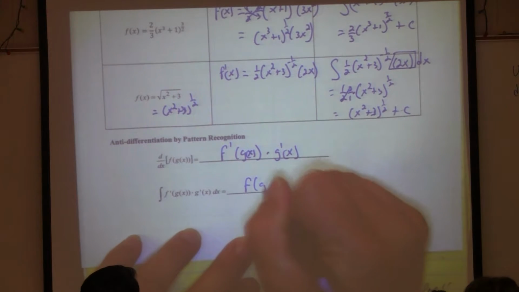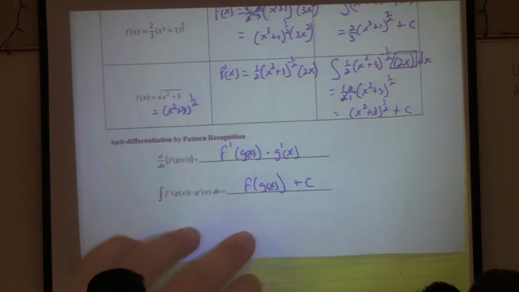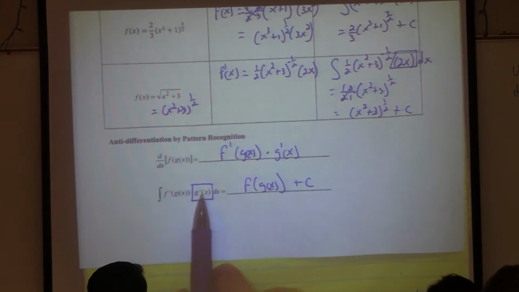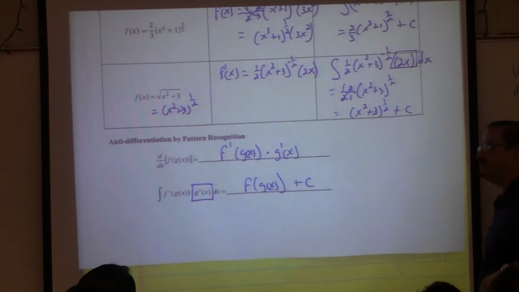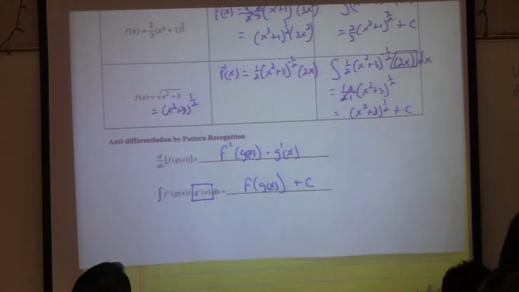F of g of x, going back to the original function, plus c. So what's giving you that license to integrate is being able to recognize that you have the derivative of that inner function that we've been calling u. You understand? You want to check for that.